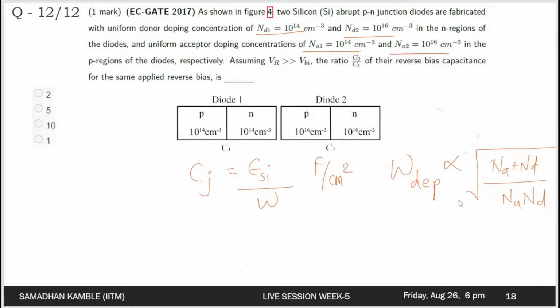So we can simply use this fact and we'll get the ratio of the junction capacitance, that is C2 over C1, which will be equal to W2 by W1.